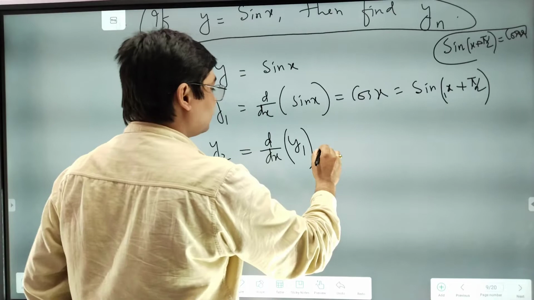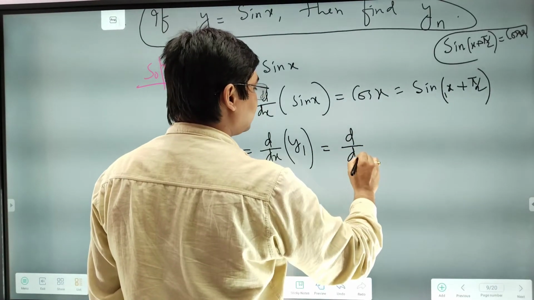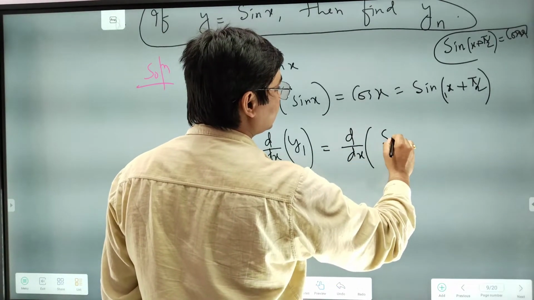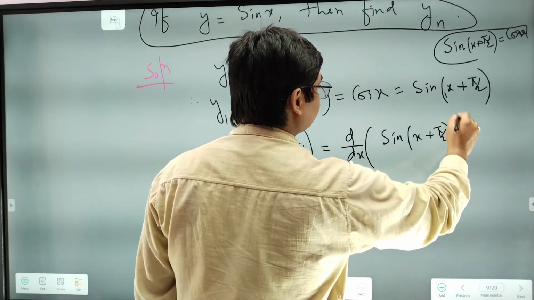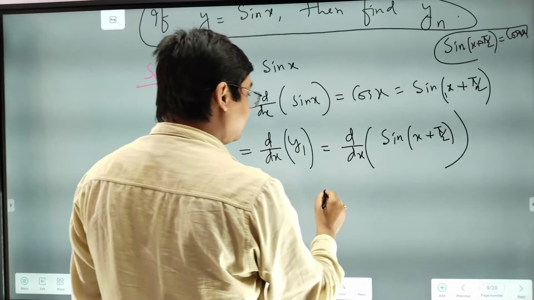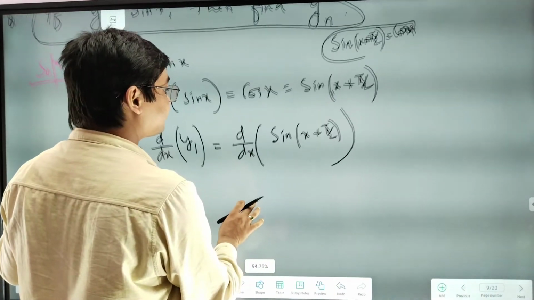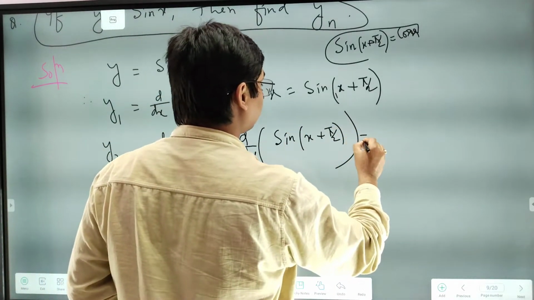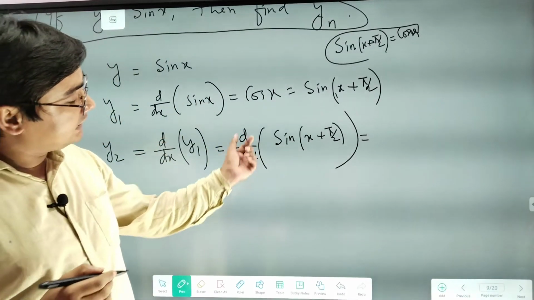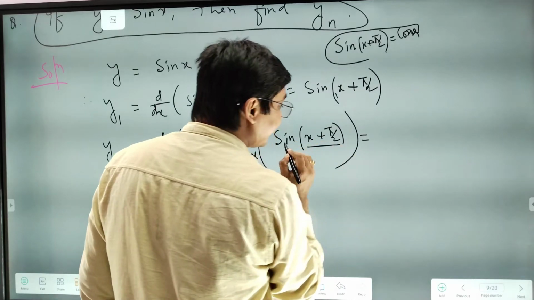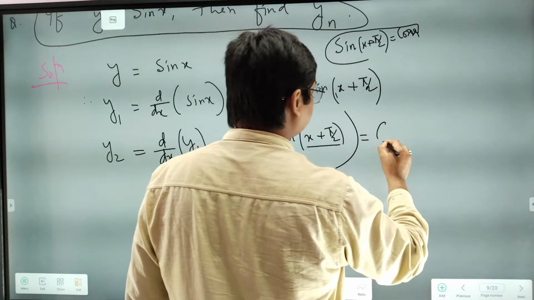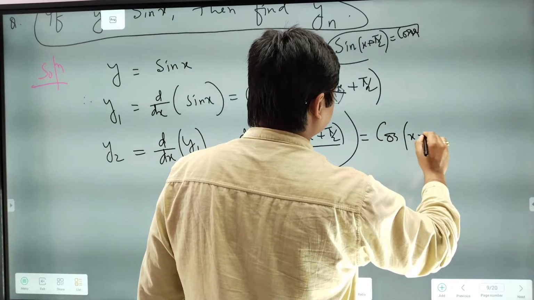So what is the value of y1 guys? y1 is nothing but sine of x plus pi by 2. Similarly you use the formula here. What will be the value guys? d by dx of this one. So similarly you choose here, this is x. So sin x का derivative कितना होगा? Cos of x हो जाएगा.